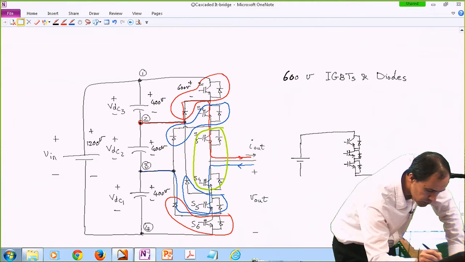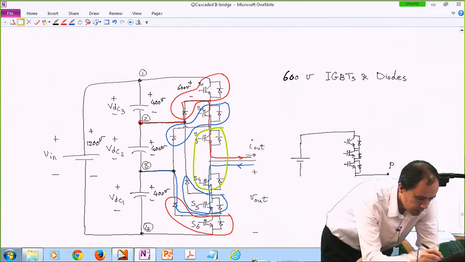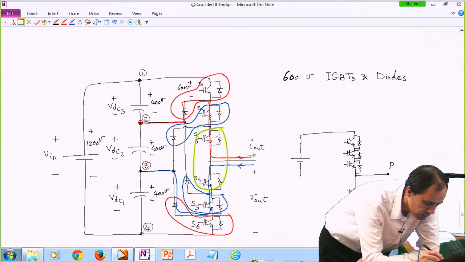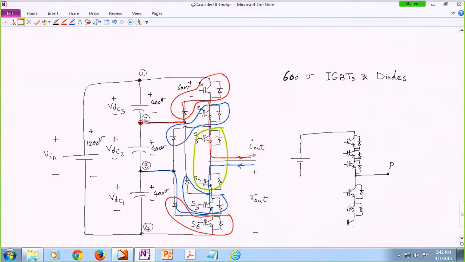And let's say this is your pole, assuming that your current is bidirectional and everything. So this could be another solution.